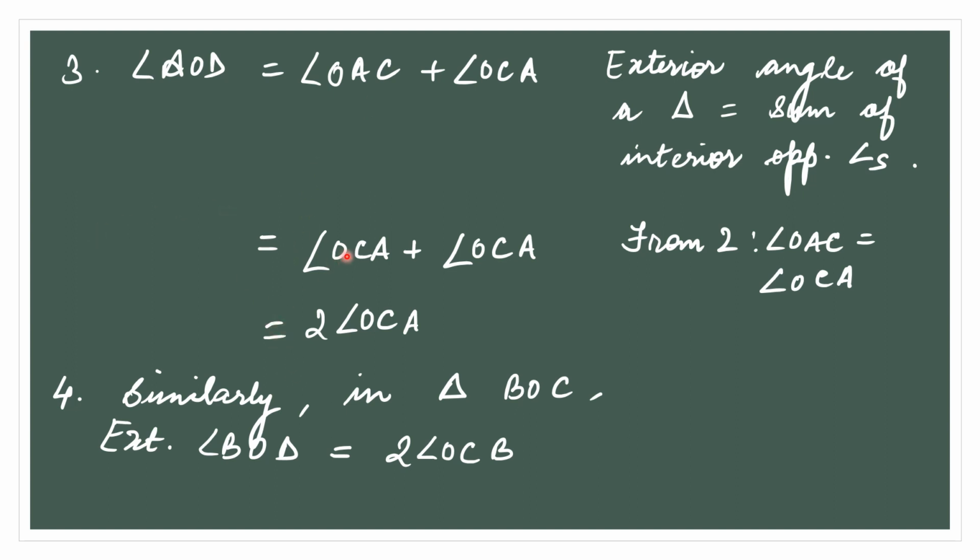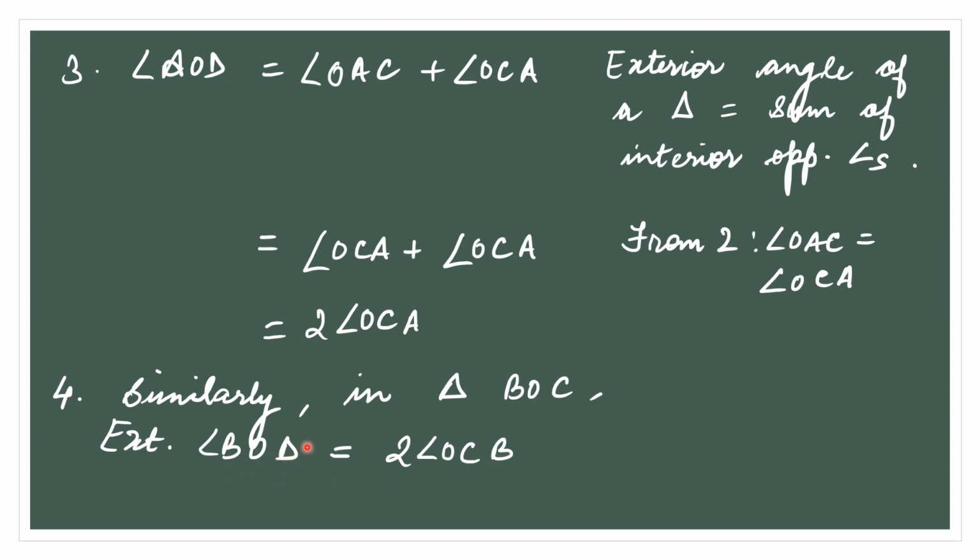Therefore OCA plus OCA is equal to 2 times OCA. Similarly, in triangle BOC, exterior angle BOD is equal to 2 times OCB. You can see the diagram in the previous page and the solution here.